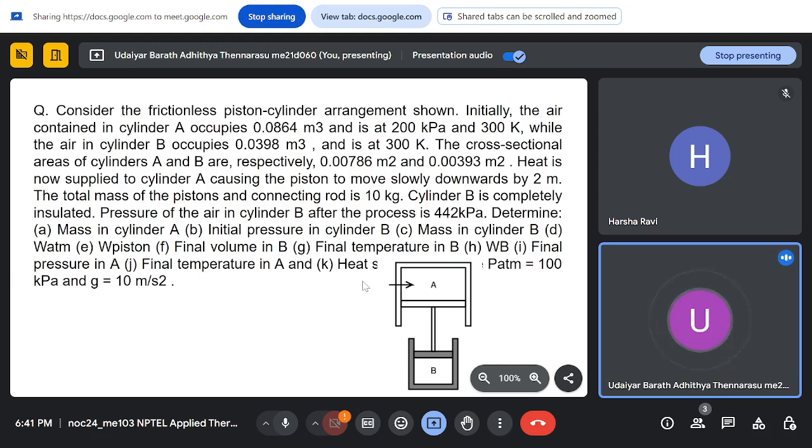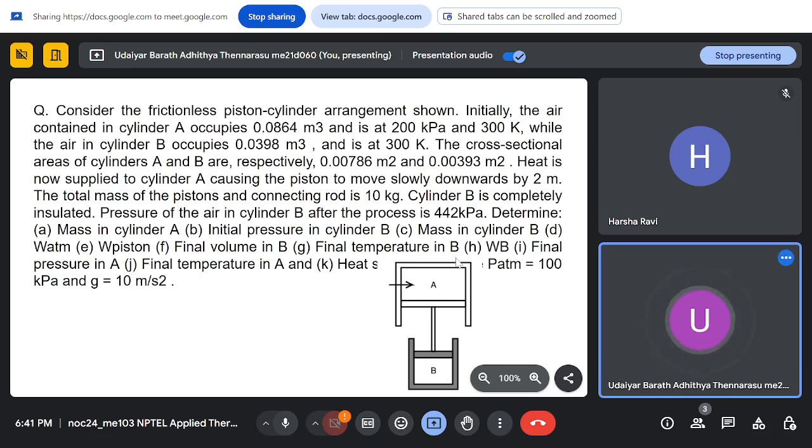So you are supplying heat to cylinder A, because of which the gas is expanding and compressing the gas in cylinder B. At the end of the process, your pressure in cylinder B is 442 kilopascal.